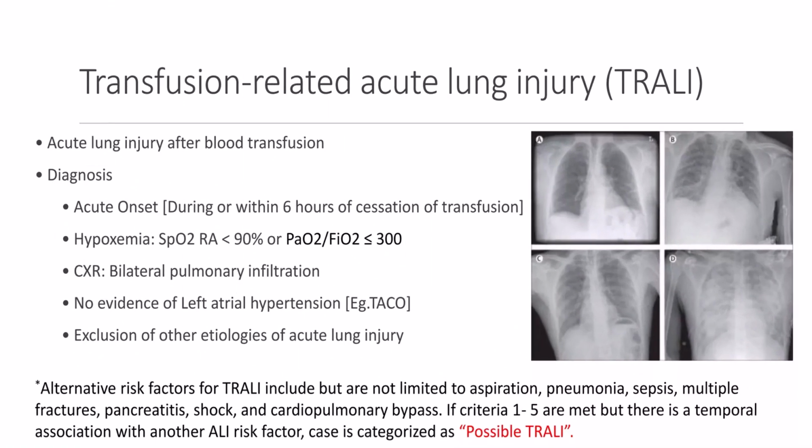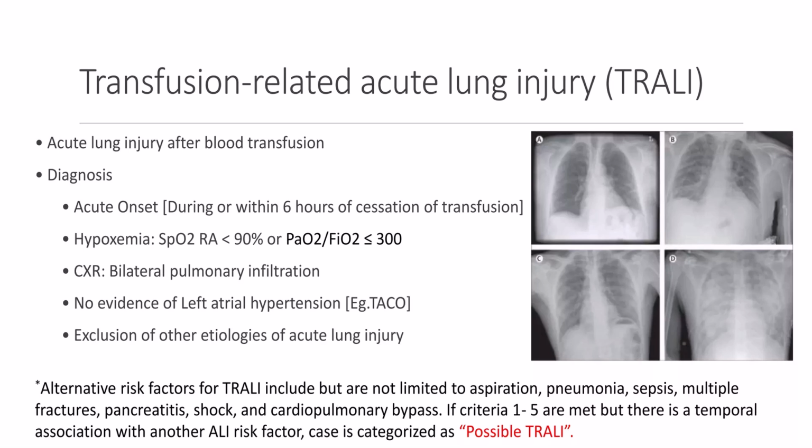If we see acute lung injury after blood transfusion in TRALI, these 5 points are important for the diagnosis. There should be acute onset, that is within 6 hours, as we discussed in the definition. Hypoxemia should be there, and the chest X-ray shows bilateral pulmonary infiltrates with no evidence of left atrial hypertension, and there should be no pre-existing ALI.